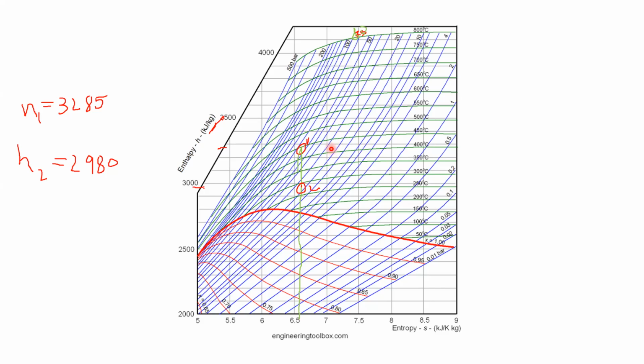Yes, at this position I got the point. Just wait a second, I mark the position of the third state. At this position we have state 3. It is very near to this one.